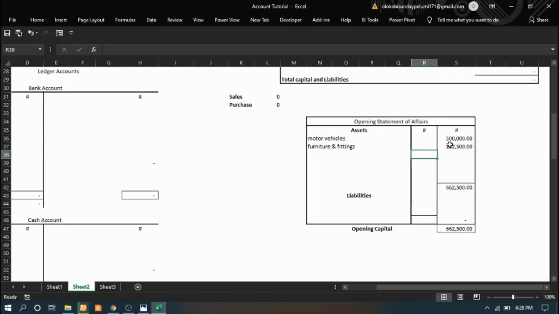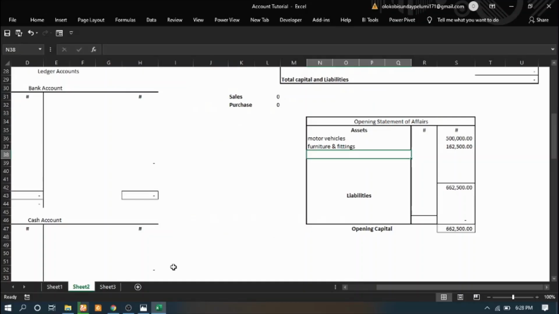So what are the other assets we have? There is no fixed asset other than these at the beginning. So we have inventory and trade receivable.